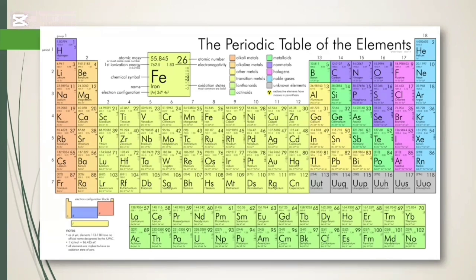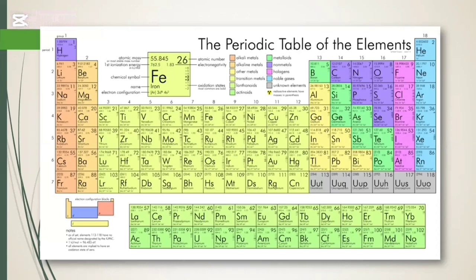The element with atomic number 6 can be found in group 14, in this one. So this is the carbon atom. Alright, I think now you have a clear idea about the atomic number and mass number.